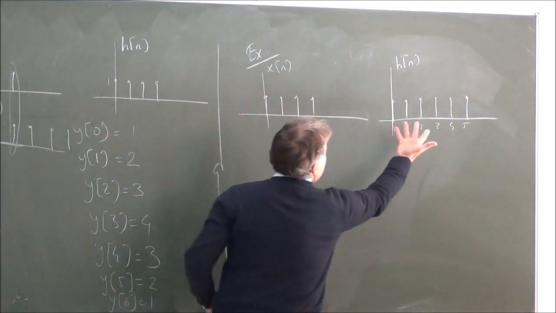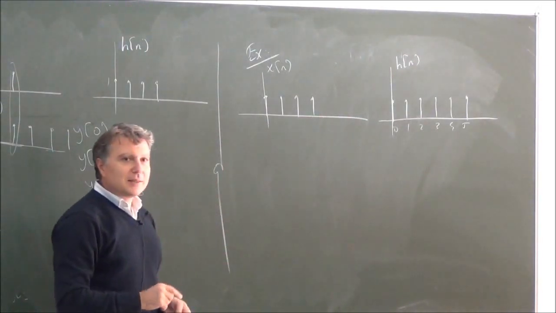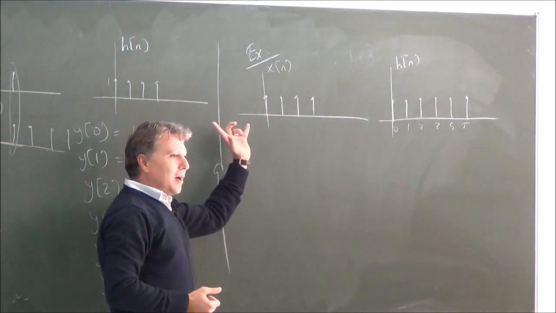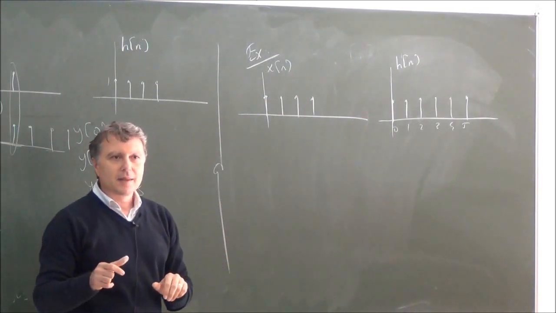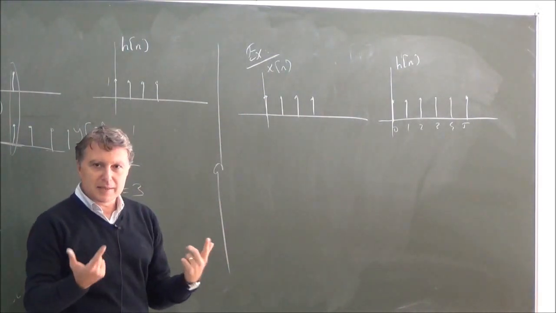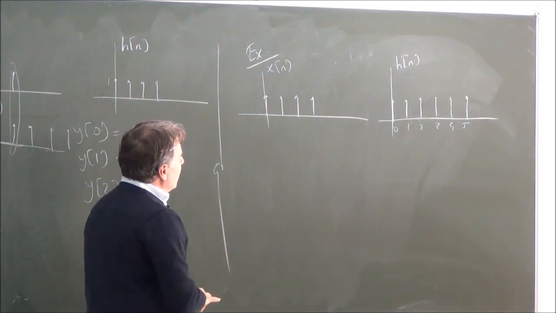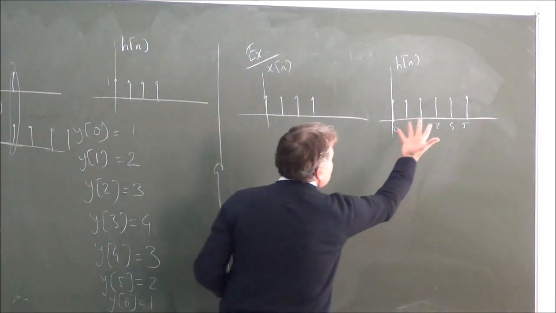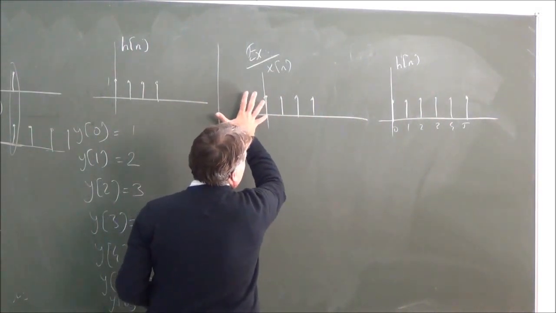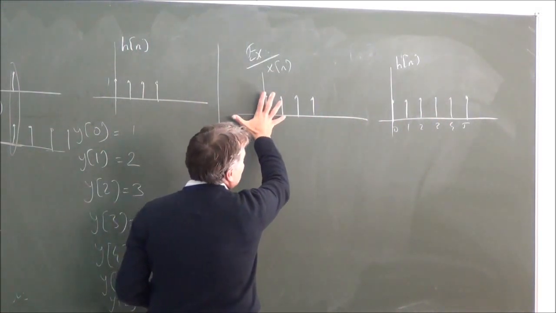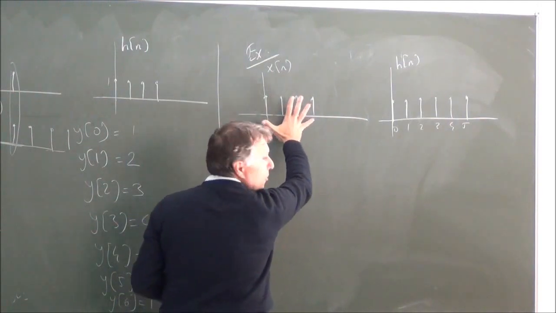When you flip this one around, by the way, be careful that you could flip the other one around and slide as well, because it doesn't matter which one you're convolving with. You can interchange their places. This is the same thing. So let's flip this one around and start sliding. For the first one, it will be 1, and then 2, and then 3, and then 4.